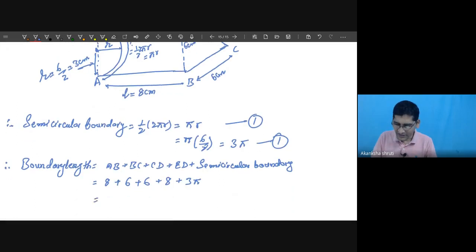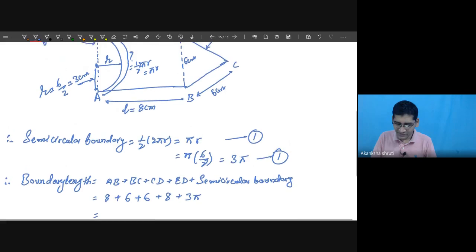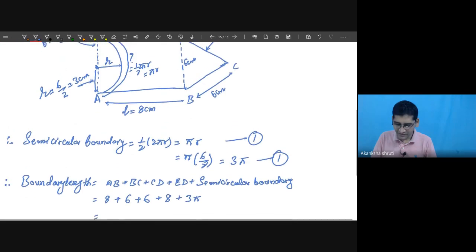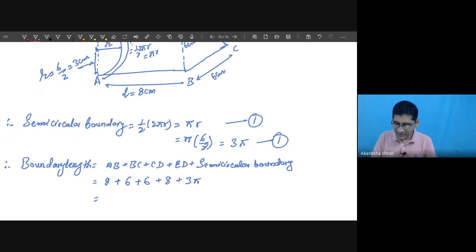It is like this. So add it. How much does it become? 8, 2 times is there, 16 plus 12, 28. But no pi is there.